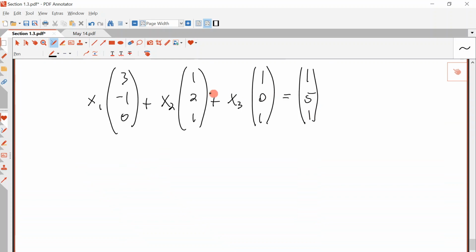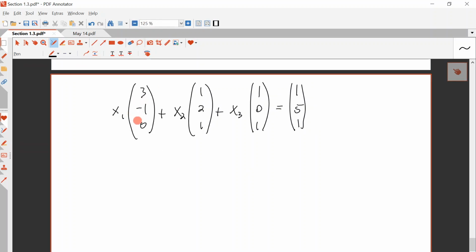Let's evaluate this linear combination on the left. First we multiply through the scalars.